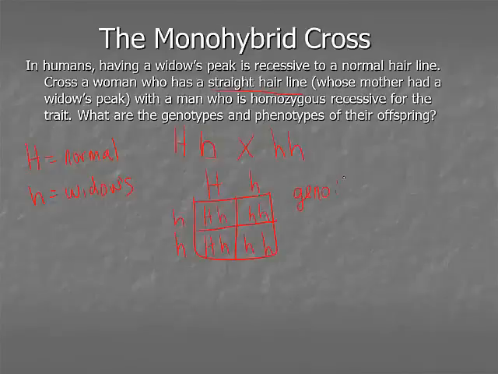The genotypes are 2 out of 4, or 1/2, or 50%, will be heterozygous, big H, little h. And then the other half, or 2 out of 4, or 50%, are homozygous recessive.